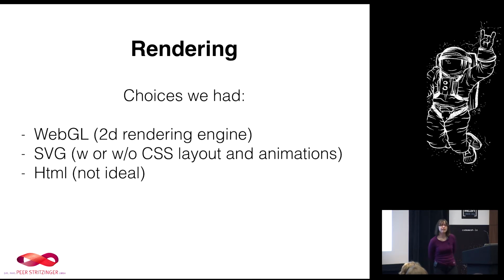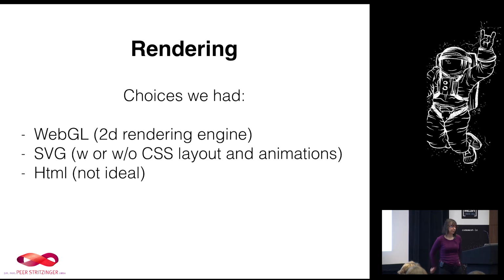About rendering. This is an interactive application, so rendering needed to be decently fast. There were a bunch of choices. The first one was to do a WebGL 2D rendering engine, which would have been great. I would have loved that, but we didn't really need to do it, sadly. Another choice is to just use HTML, which, well, is less than ideal.